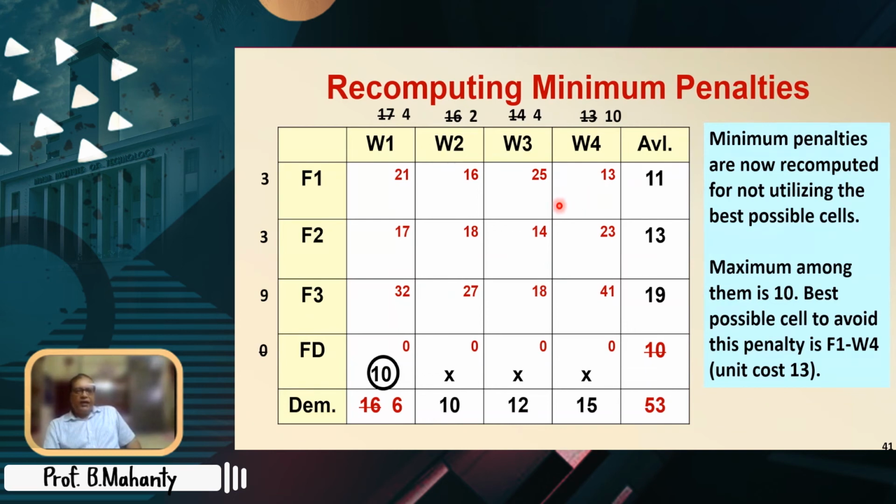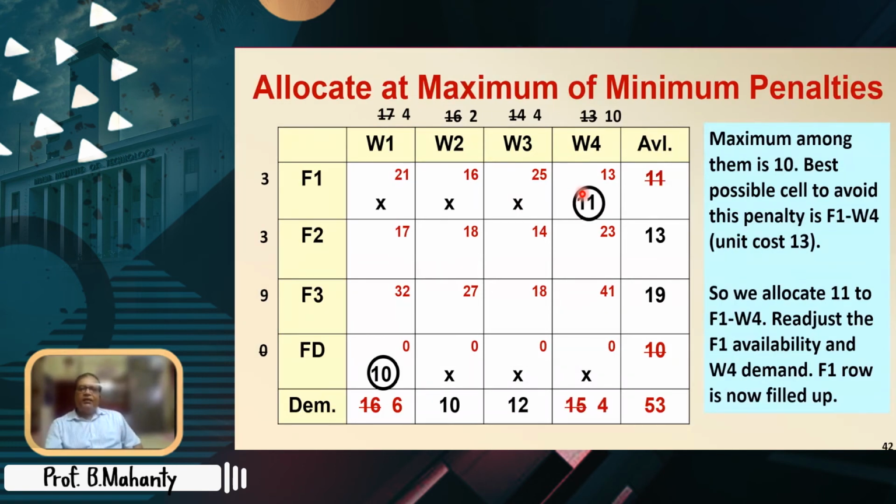So how much can we enter in F1W4? We can enter an amount of 11 in F1W4, right? So let us put that 11. So that 11 is put. Now the moment this 11 is put, then this row is also crossed out.